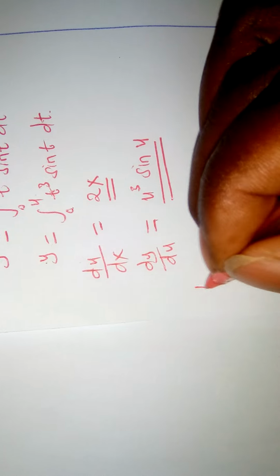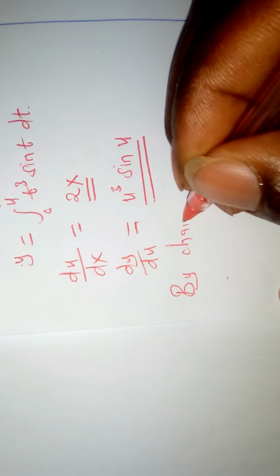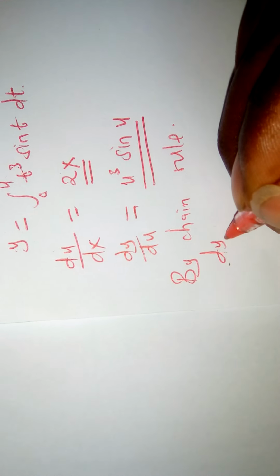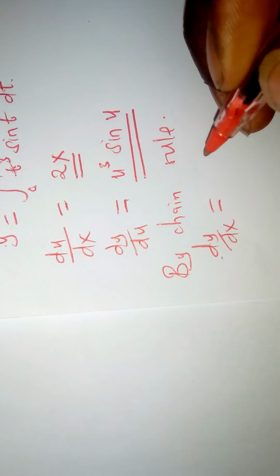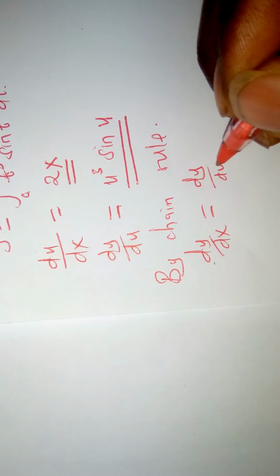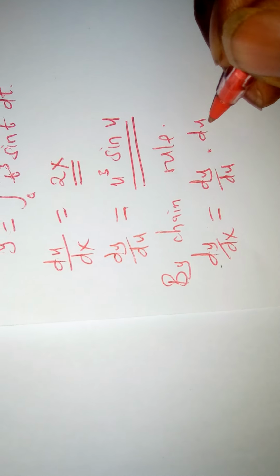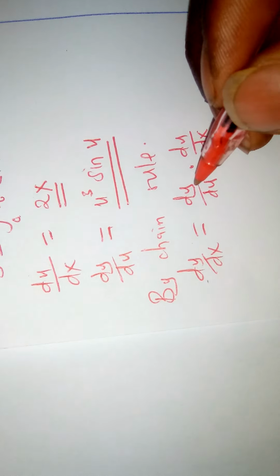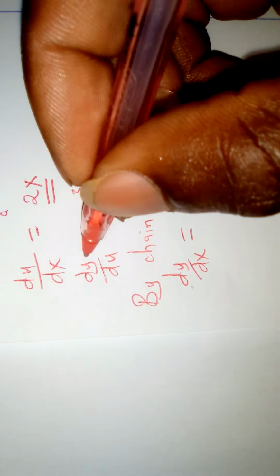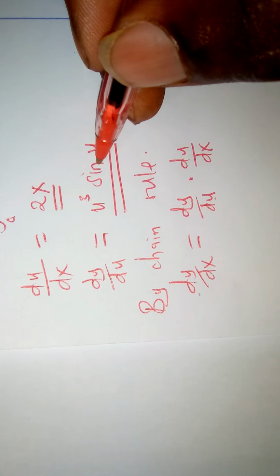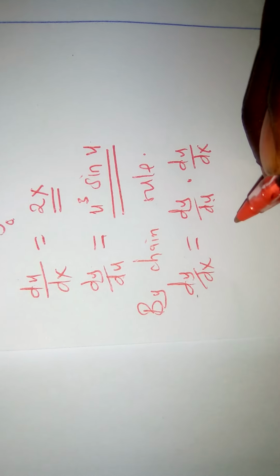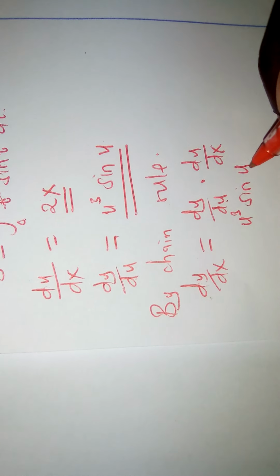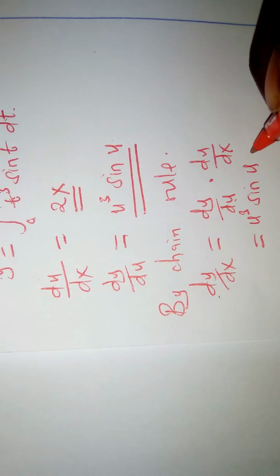So using the chain rule, it states that for me to get dy/dx, it should be dy/du dot du/dx. So your work is to substitute. Since my dy/du is u cubed sine u, that is what I write here. So it will be u cubed sine u dot, where dot means multiplication.